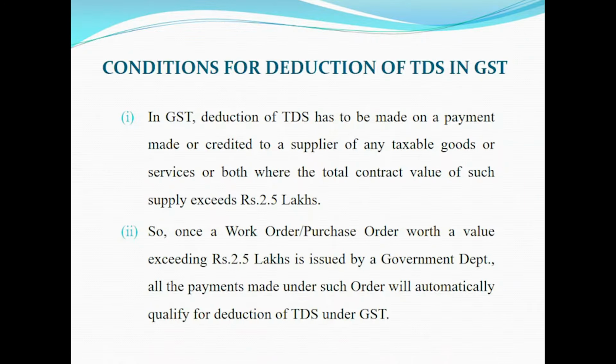The second condition is that once the work order or the purchase order worth a value exceeding rupees 2.5 lakhs is issued by the government, then the TDS will be deducted.